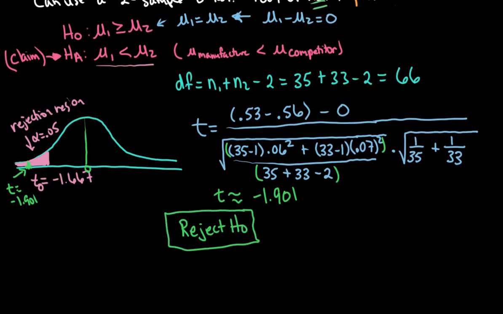Okay, and then you always want to end by interpreting your decision. So we would say at whatever level of significance, so in this case it's 5% because alpha 0.05 is 5%. And anytime it says reject, you're going to say have enough evidence.